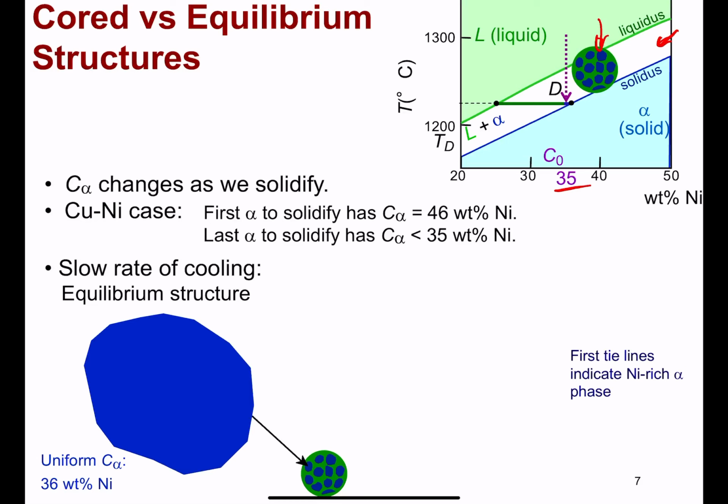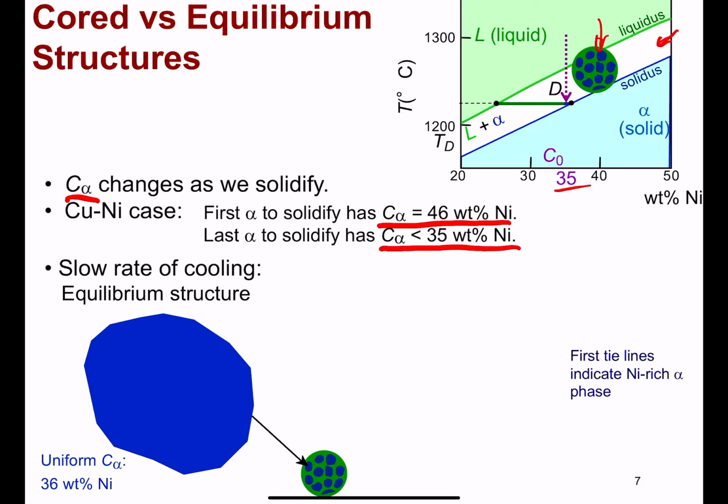So we've seen that the concentration of alpha changes as we solidify. We've seen that the first alpha that formed had a concentration that was pretty high in nickel content, about 46 weight percent nickel. And then towards the bottom condition at around point D, the concentration was much lower, on the order of 35 weight percent.